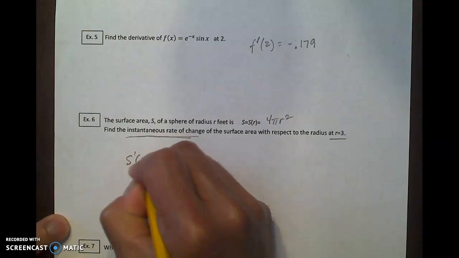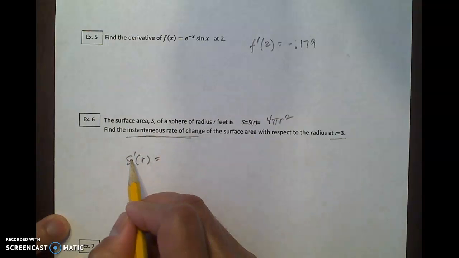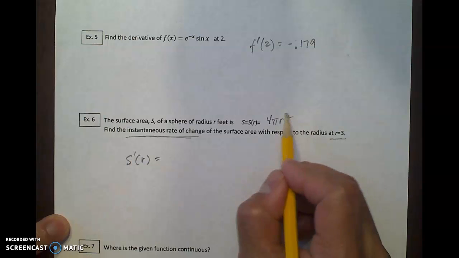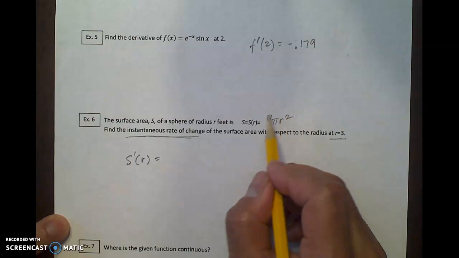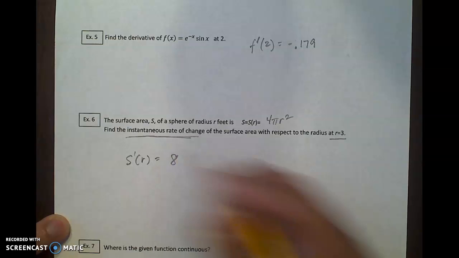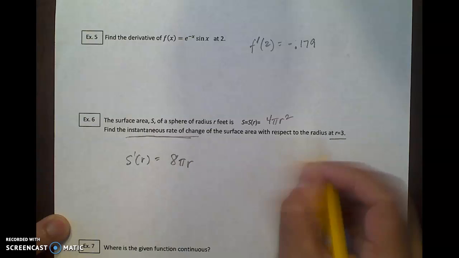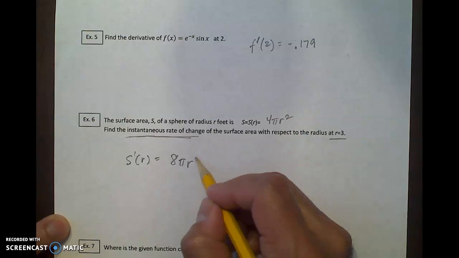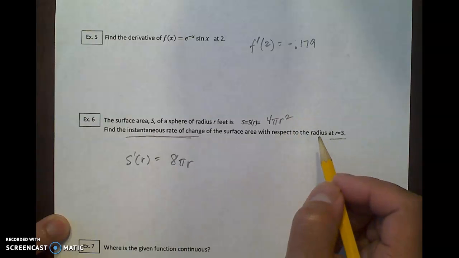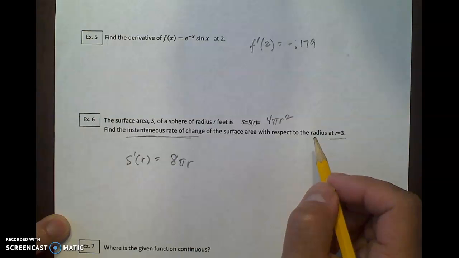So we want to find the derivative of s of r using that shortcut. We take this exponent and multiply it by the coefficient. So it's going to be 8 pi r, and that exponent gets reduced by 1. So now it's just 8 pi r.